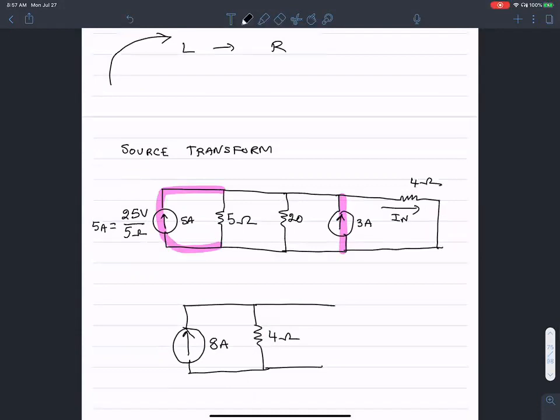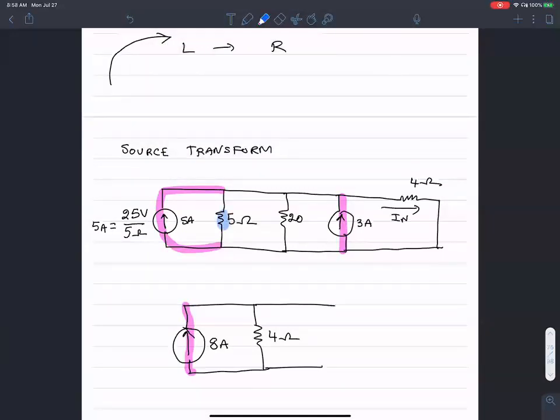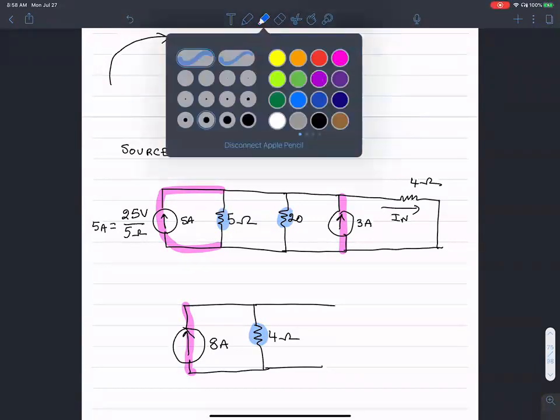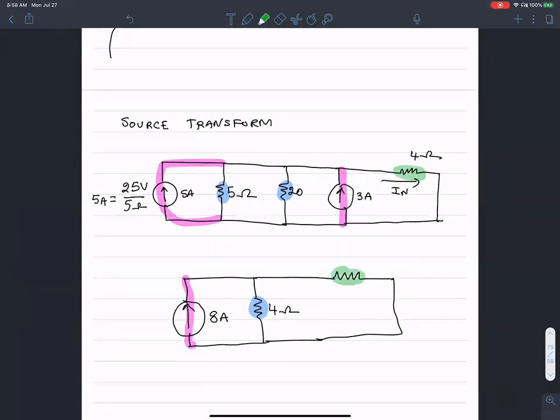So that's this guy, two current sources in parallel. Similarly, two resistances in parallel give you this guy. By the same token, this resistance is going to be shown here. That's 4 ohms resistance.